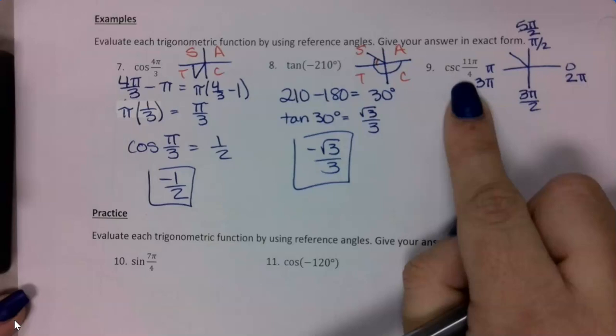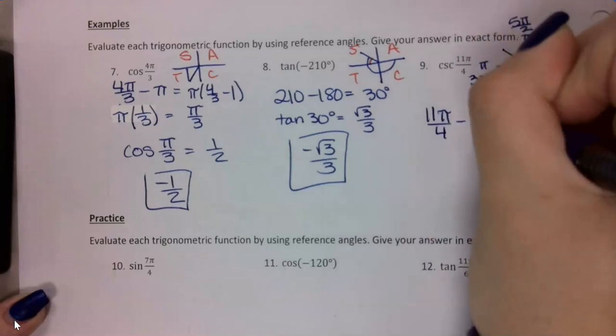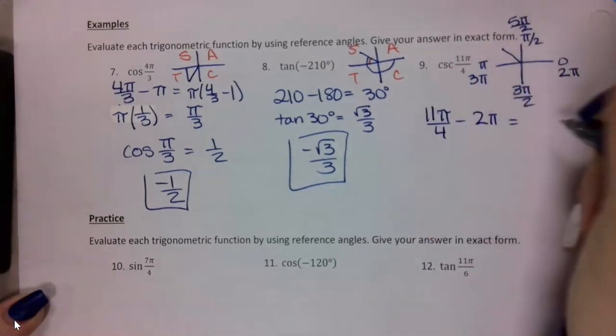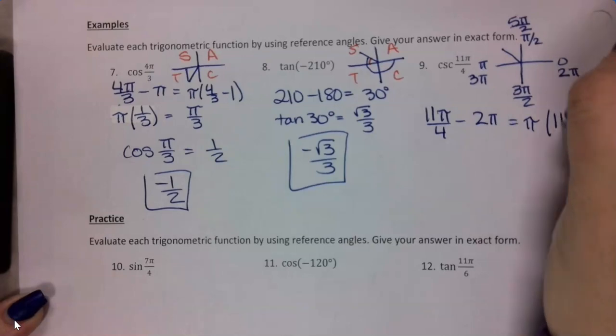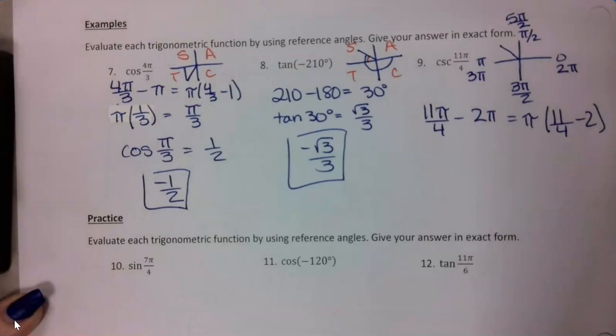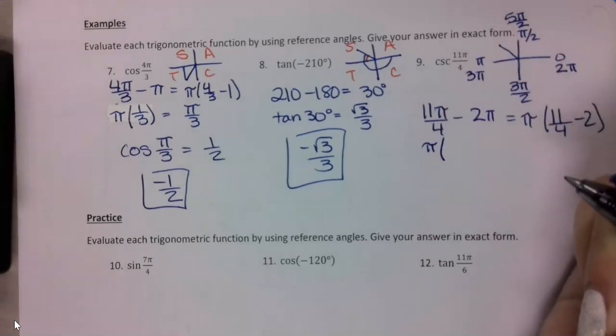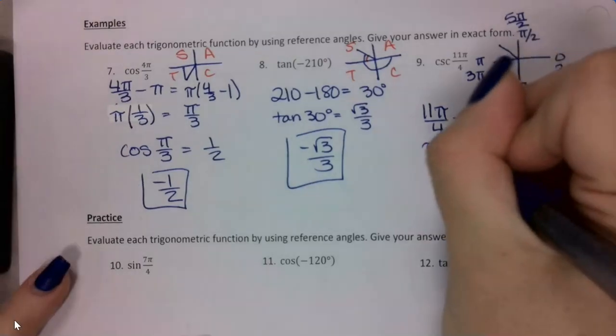It's more than 2 pi. So what I first want to do is 11 pi fourths minus 2 pi. If I pull out my pi's, I have 11 fourths minus 2, which is 3 fourths.